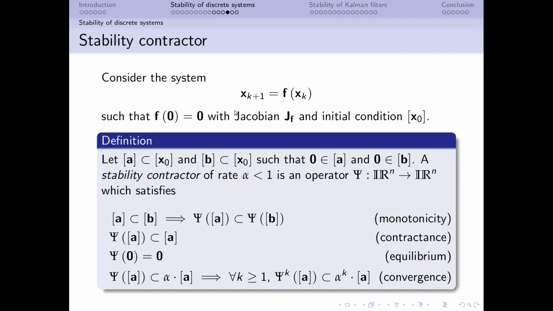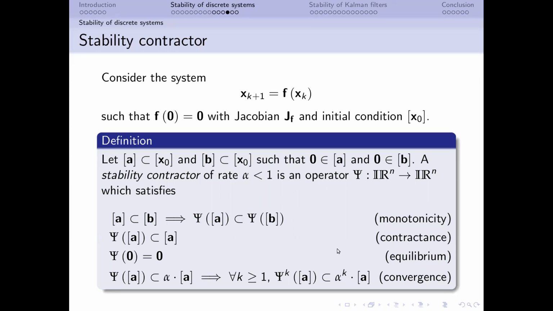And so what we did is create a stability contractor. That means if we feed the contractor with a box x0, we are sure that the box x0 will be contracted, and the remaining solutions that are inside x0 may lead the system towards its fixed point.